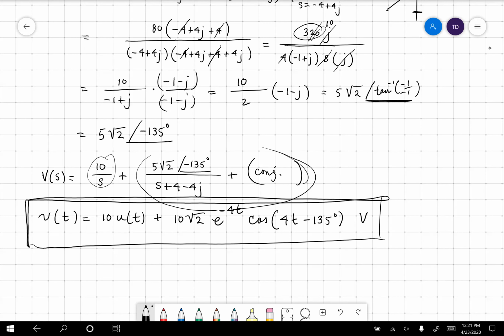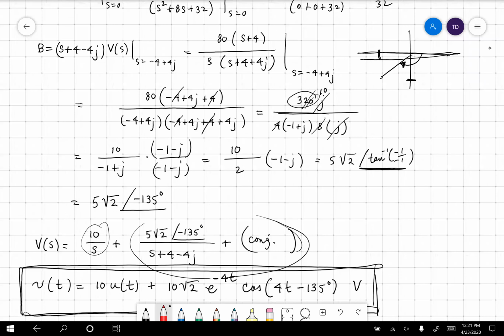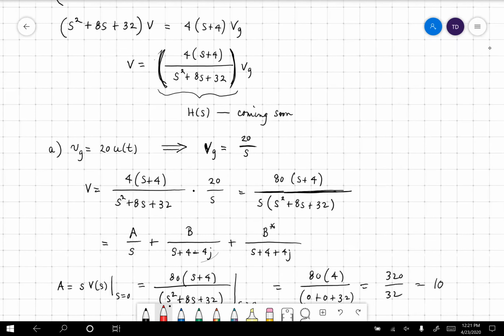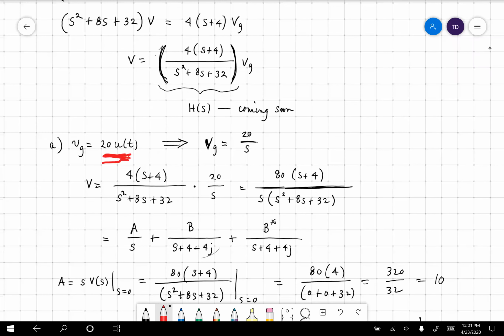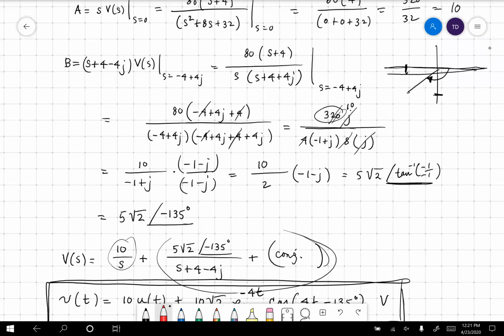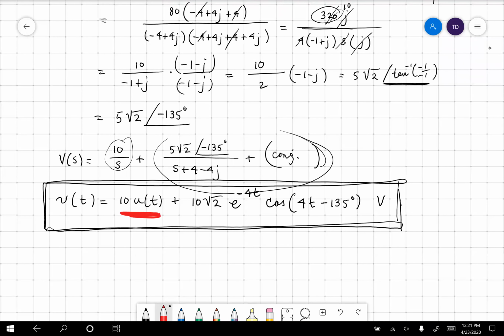Now I want to make some observations with you here that we're going to make for each of these three cases. This is just part A. So first observation, notice the input for this one, for part A, this input was a unit step function right there. This is the forced response.